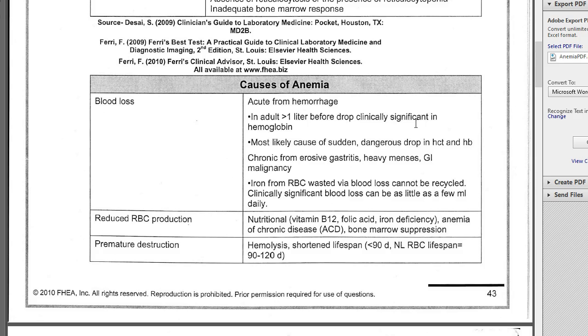That's why I gave you the example of that one patient that I saw. The other thing we're going to have is chronic blood loss. This is very common. You'll find this commonly in the clinical setting. It's usually from erosive gastritis, menorrhagia, or heavy menses, right? A GI malignancy.